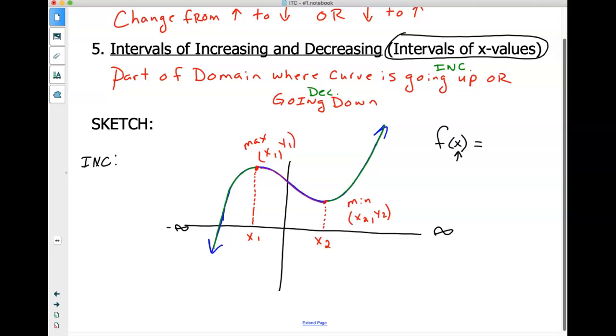So if I'm looking here, I can see here I'm increasing beginning at negative infinity all the way out on the left, all the way up to this point right here, which would be x sub 1. And then I decrease. Well, when am I decreasing? Well, right there at that x sub 1, that's when I start to fall all the way down to x sub 2.